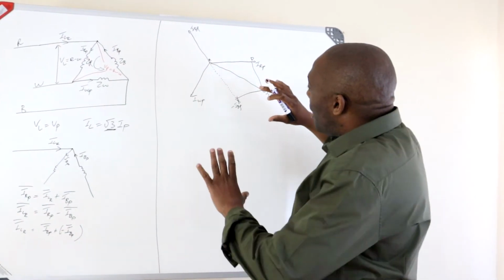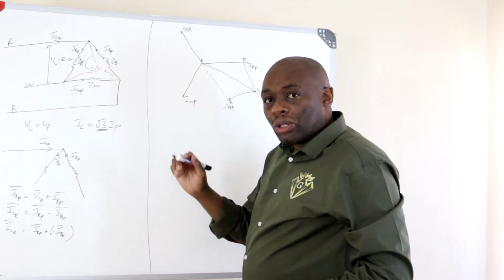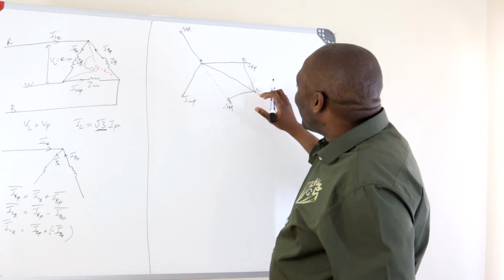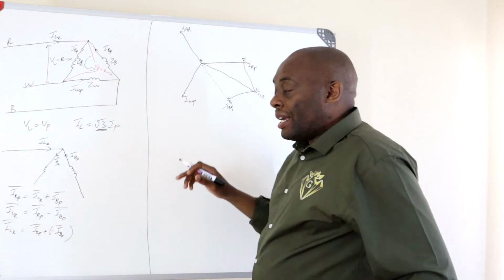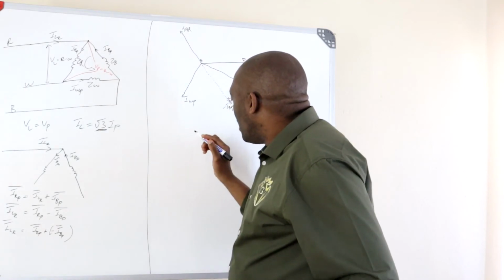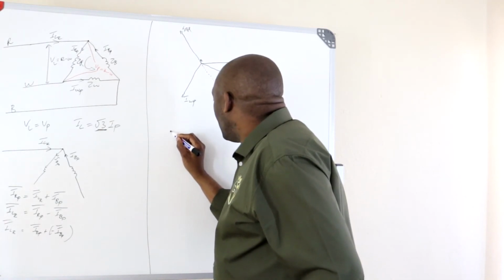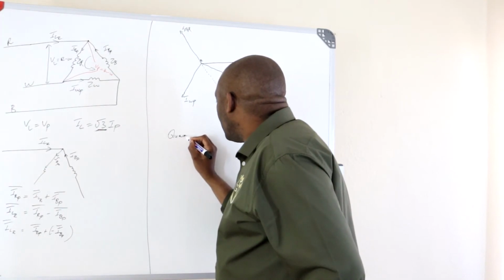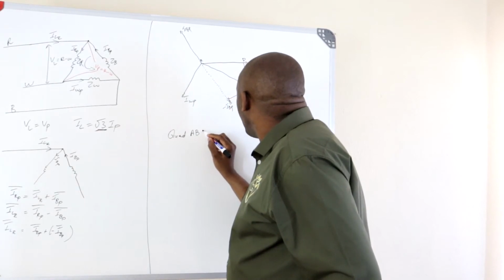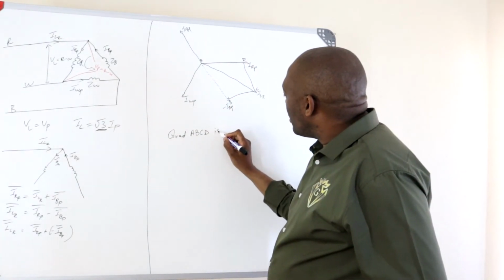If I was using correct measurements to draw on the board, you would have noticed that this quadrilateral A, B, C, D is a rhombus, and I will show you now why it is a rhombus. Therefore, let me write it: quadrilateral A, B, C, D is a rhombus.